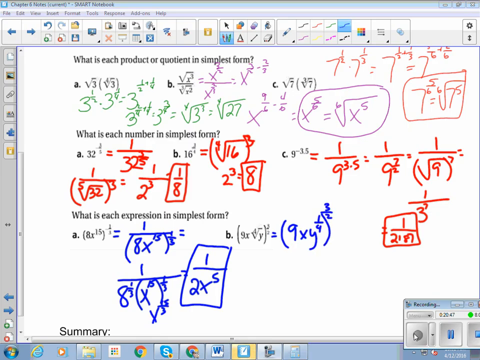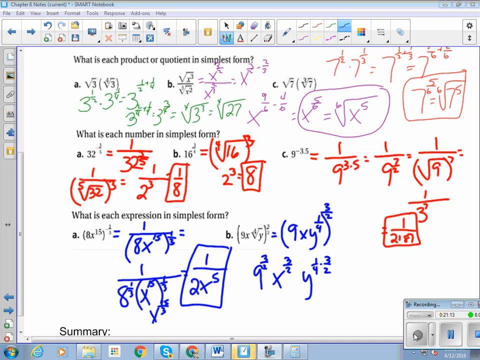I'm going to give each of these items the 3/2 power. 9 to the 3/2, x to the 3/2, and y to the 1/4 to the 3/2. So I'm distributing out using that property of exponents, giving everybody that power.